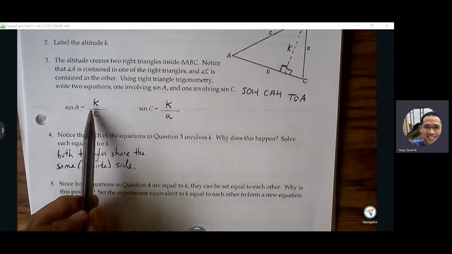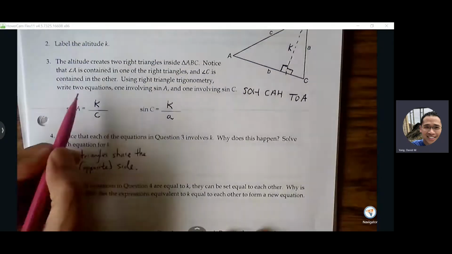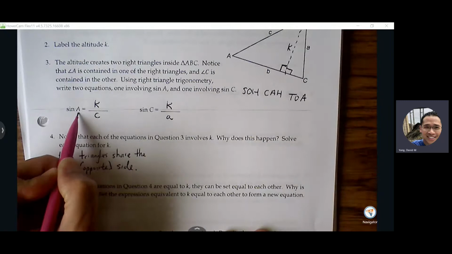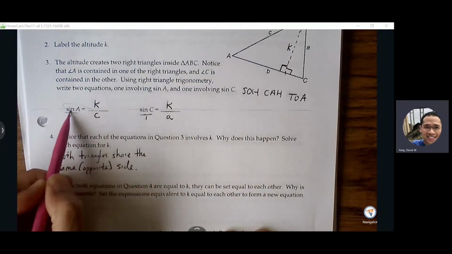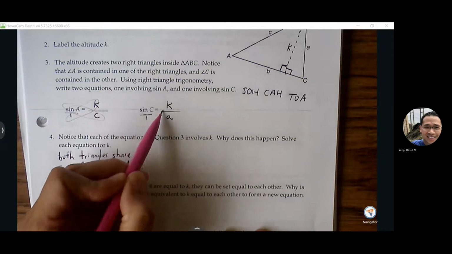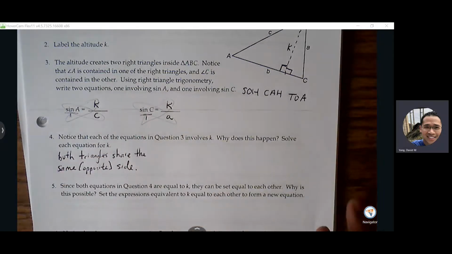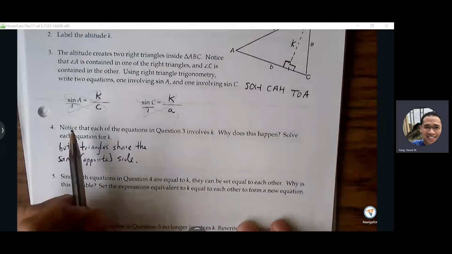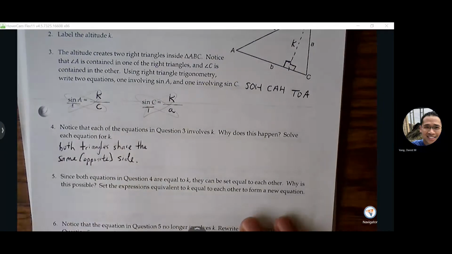We're just going to cross multiply here. I can always create a fraction by putting a 1 beneath. So here I can say k is equal to c sine of A.